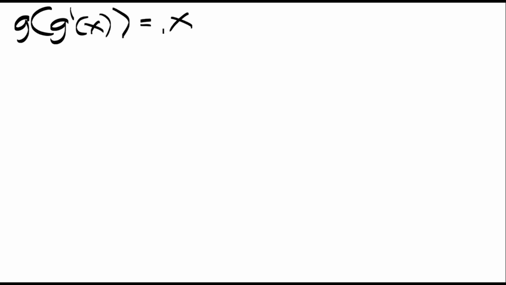So verify g of g prime of x. This should be equal to x, and g prime of g of x should also be equal to x.